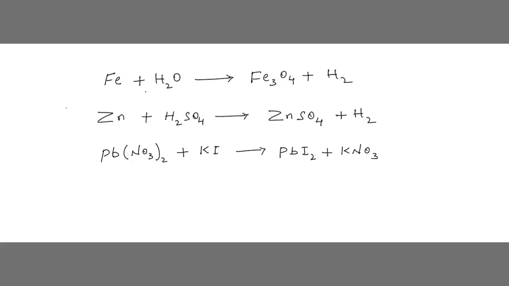You can try this reaction, and apart from that, you can also try the chemical reaction H2 plus O2 gives H2O. Similarly, N2 plus O2 gives NO. Is this clear? We can try all these chemical reactions.